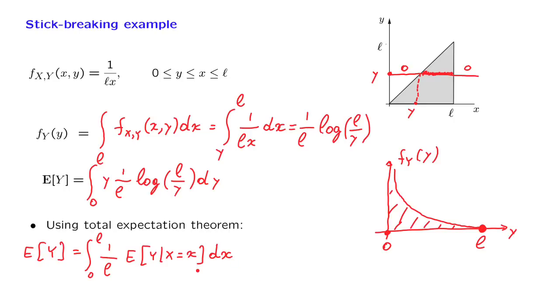Why is this simpler? When we condition on x taking a specific value, y has a uniform distribution between 0 and x, and therefore this conditional expectation is the expectation of a uniform, which is 1/2 the range of that uniform. So we obtain the integral from 0 to L, 1 over L times x over 2 dx.